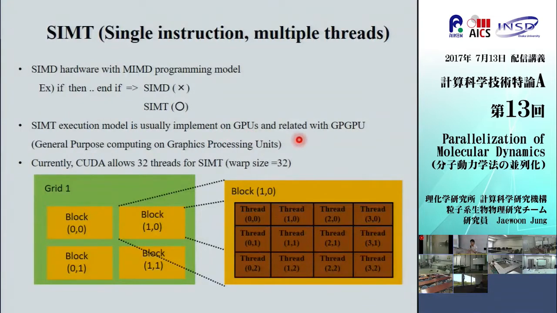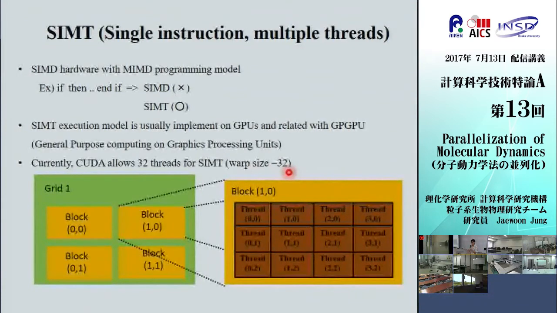And nowadays, it's related with GPGPU, General Purpose Computing on Graphic Processing Unit. And currently, it usually makes use of CUDA. And CUDA usually allows 32 threads for SIMT, because the warp size of a GPU is usually 32.